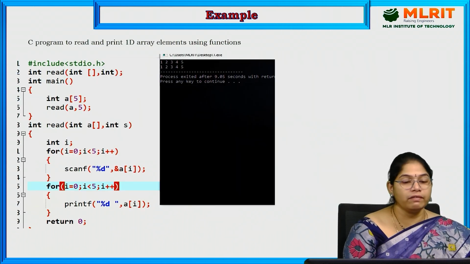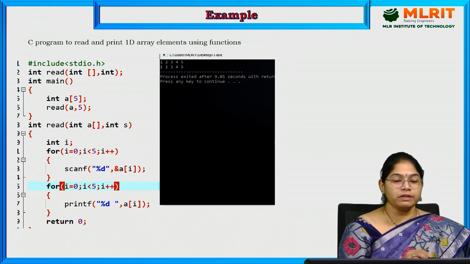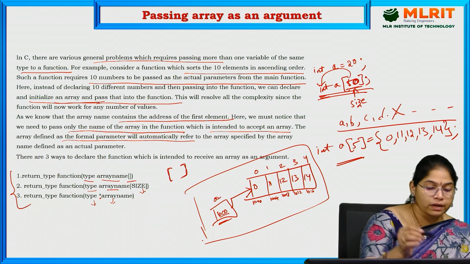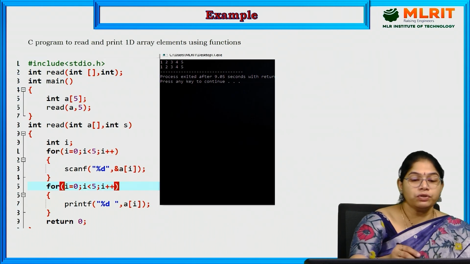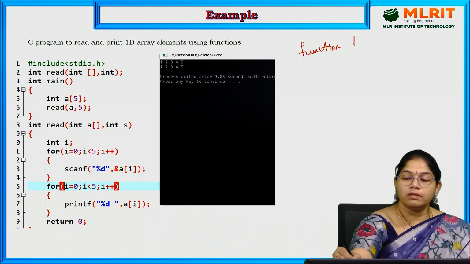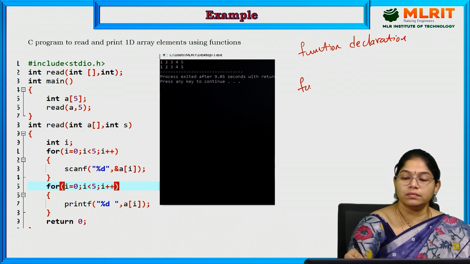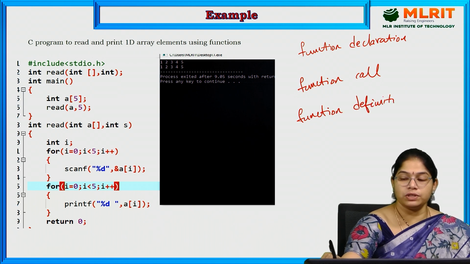So here we have an example program. Here I want to pass an array as an argument to the function. So we can go with any of these three ways. To write a function, we need a function declaration, function call, and function definition.